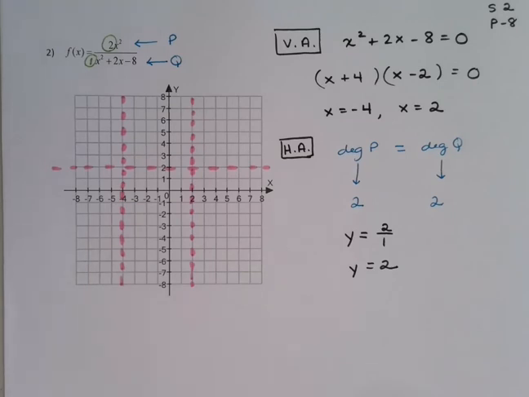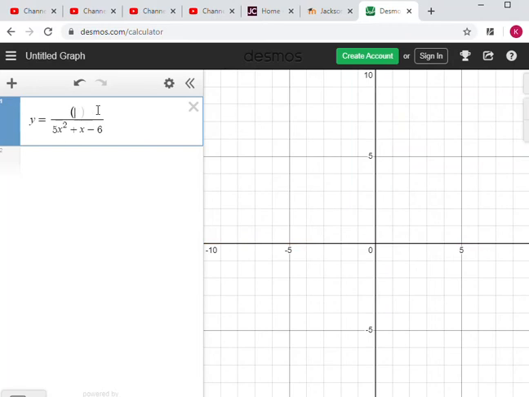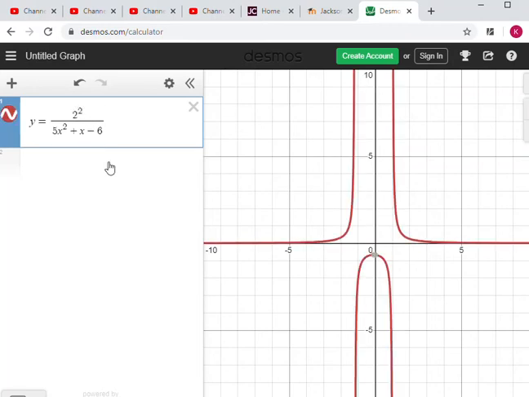From there, we'll flip on over to Desmos, and we'll use that to graph the function. So my numerator was 2x squared. Oops, I missed the x.